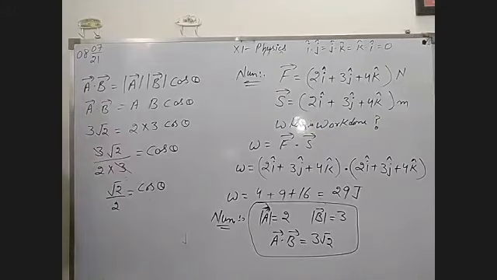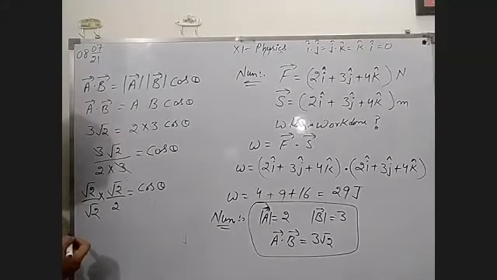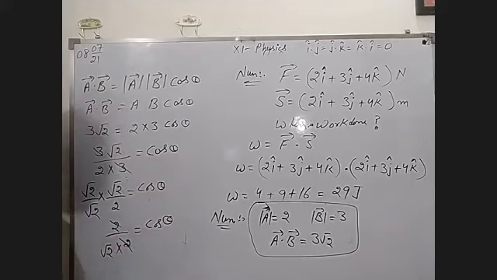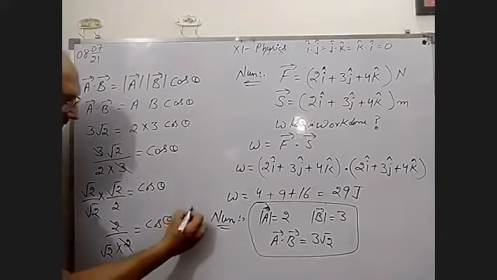Now multiply and divide by root 2. Then root 2 into root 2 is 2, and in the denominator, root 2 into 2, is equal to cos theta. 2 and 2 cancel, and this is 1 upon root 2.